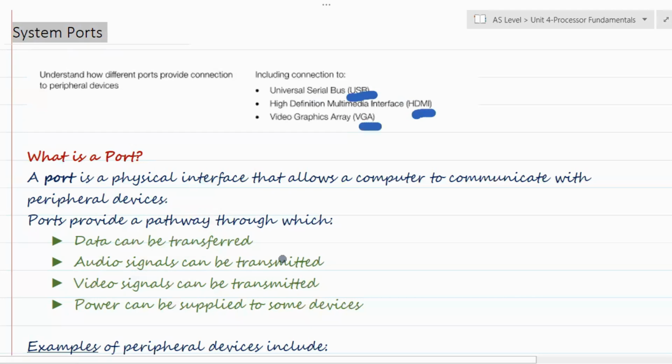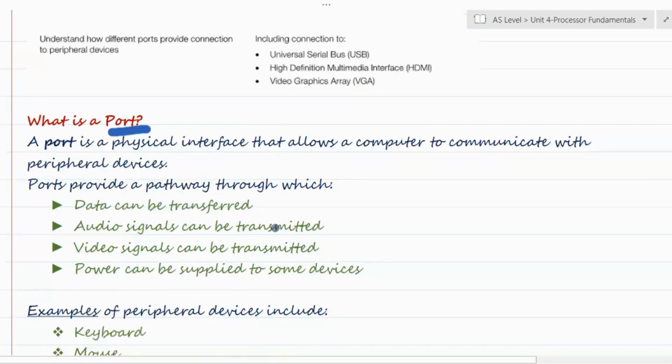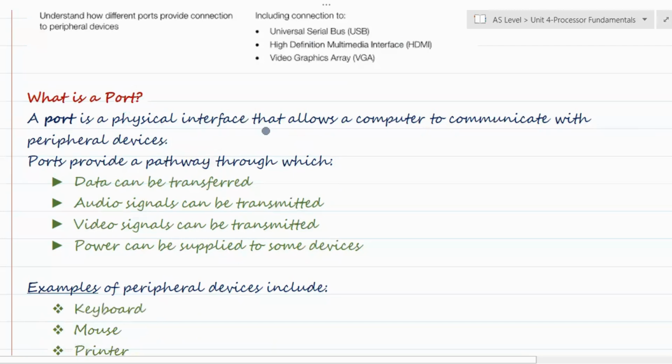Let's start by understanding what a port actually is. A port is a physical device that allows a computer to communicate with peripheral devices, like keyboard, mouse, printer, etc. So ports basically provide a pathway through which data can be transferred, audio signals can be transmitted, video signals can be transmitted, and power can be supplied to some devices.